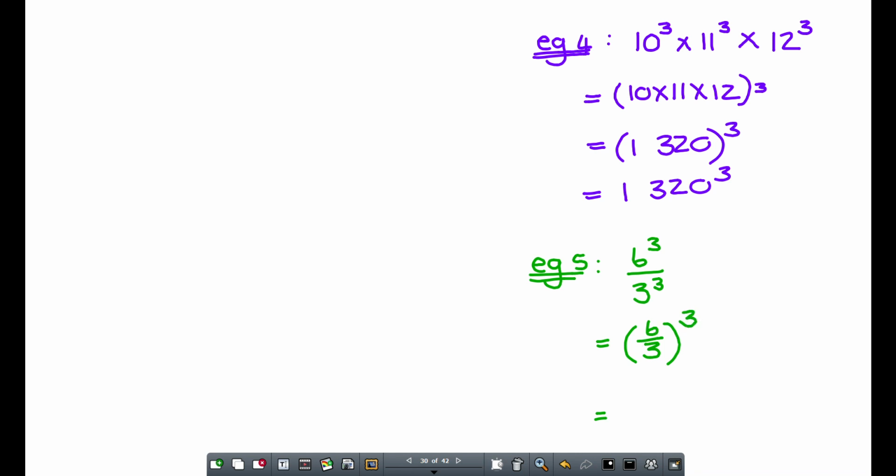Then say, we're now going to simplify inside the bracket. So it's 2 to the power of 3. Good. There we go. 2 to the power of 3. Can I say 2 over 1? You can say 2 over 1. Right answer is 2.